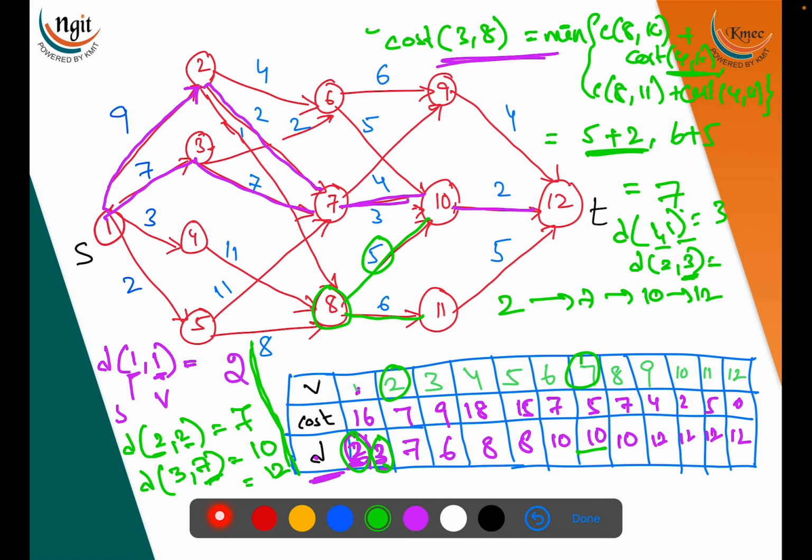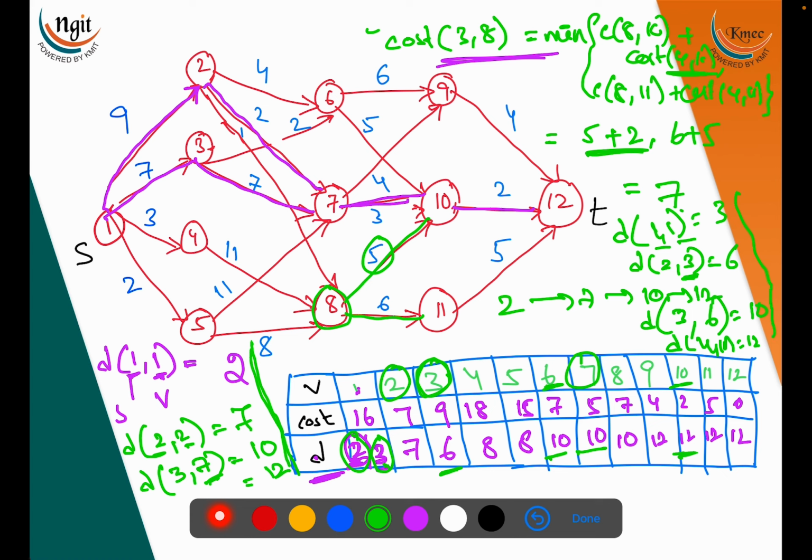Vertex 3 is available at the second stage. 3 has the value 6. Now come to 6. 6 has 10. So d3 comma 6, the value is 10. Now come to this 10. 10 has 12. So d4 comma 10 is 12. So this is the other path: 3, 6, 10, 12.